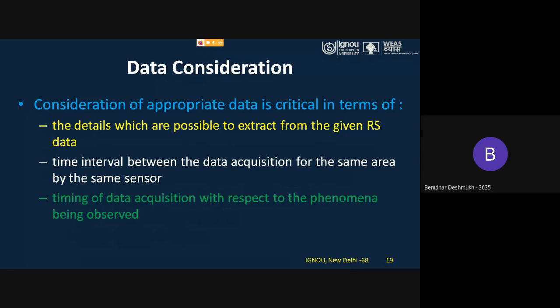For that purpose, the consideration of data is critical: the details that it is possible to expect from the given remote sensing data, and the interval that is sufficient for data acquisition. It would also be better if the data we have acquired is of the same area and preferably from the same sensor.